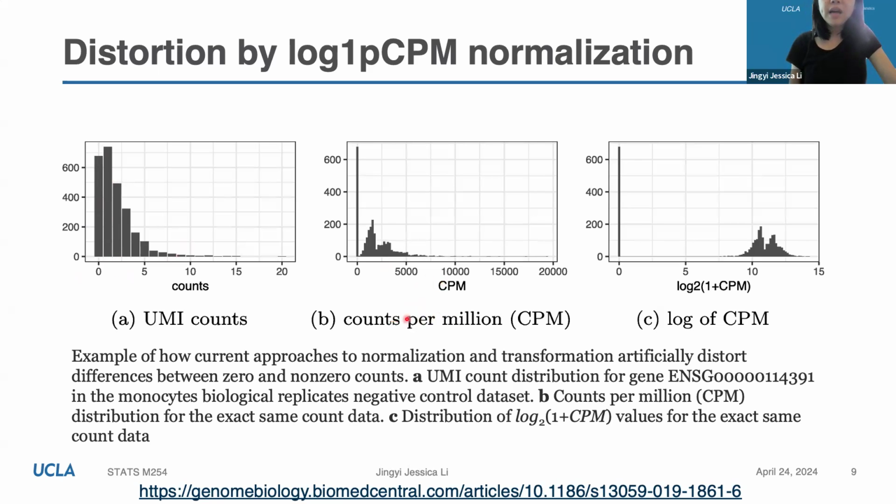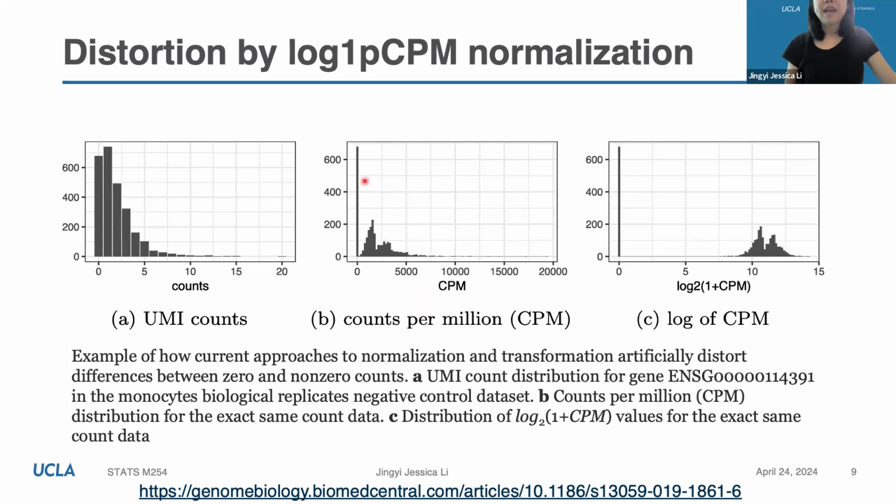But once you do counts per million, that is, you scale the gene's counts into counts per million. Remember what we did is that for every cell, we take all the counts from all the genes and scale them together by one scale factor. The scale factor is cell specific. Then we make the total count to be 1 million.